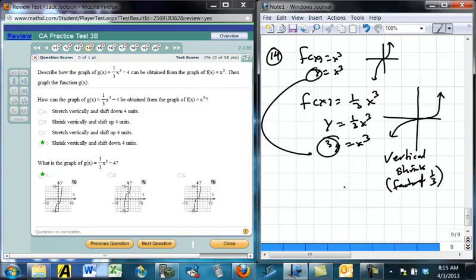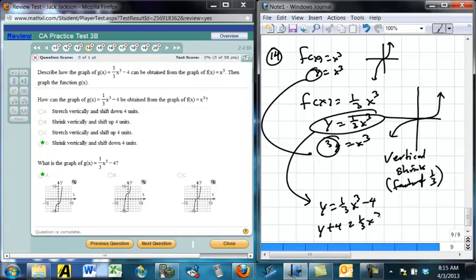Then the next thing is we take this one and we go to the final, which is y equals 1/3 x cubed minus 4, which in other words is y plus 4 equals 1/3 x cubed. So again, from here to here, we're changing the y's. Replace y by y plus 4, so what we really do is subtract 4 from the y's, so that's a shift or translation down 4. So shrink and shift down, that's D.